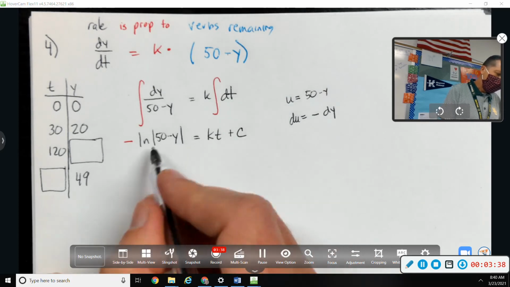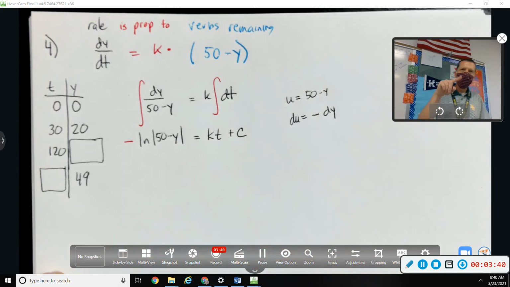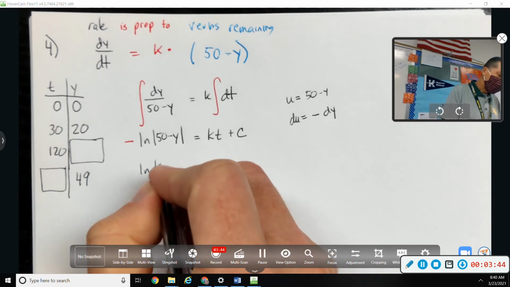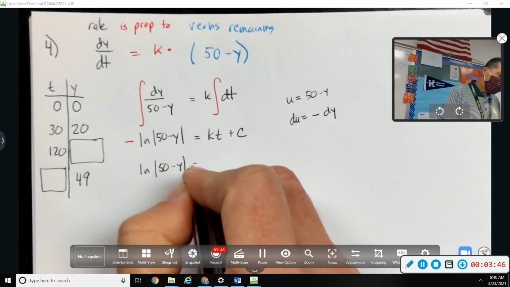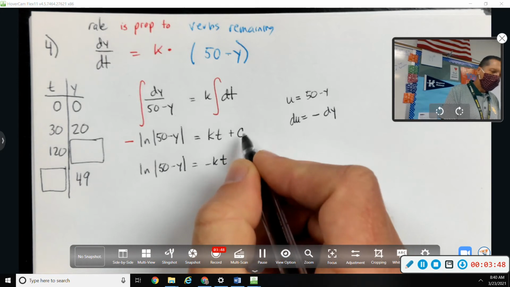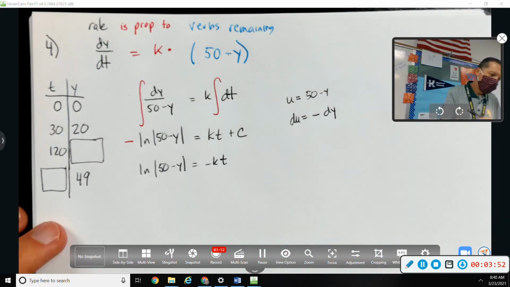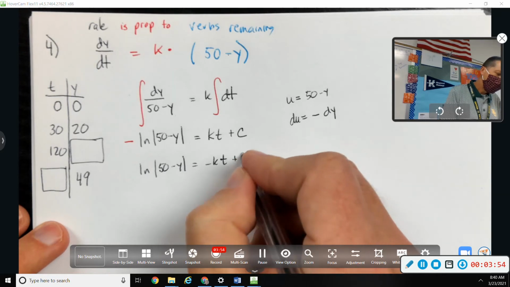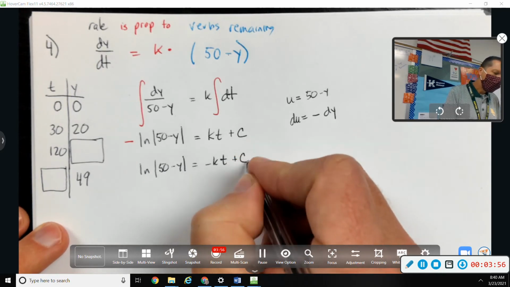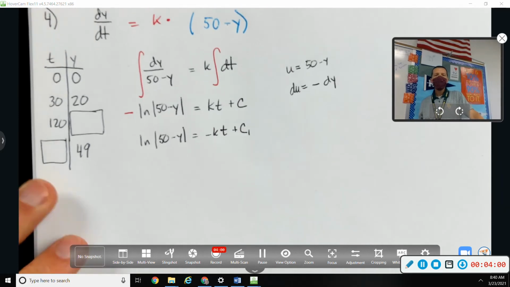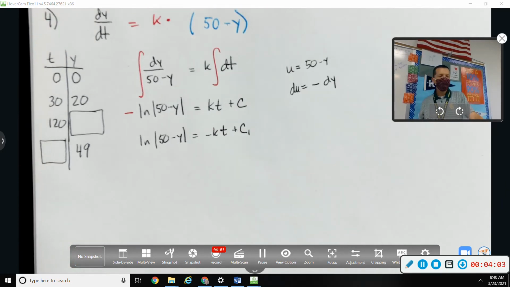Before I do the fishhook thing, I probably want to move the negative to the other side. And then I can call that a plus c, or I can call it a minus c. It doesn't really matter. I'm going to keep it plus c, although now it's a different c. But we don't know what c is yet anyway.